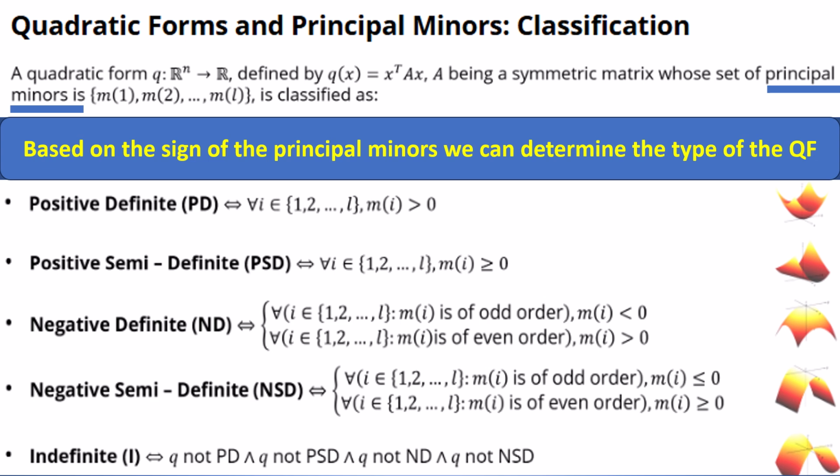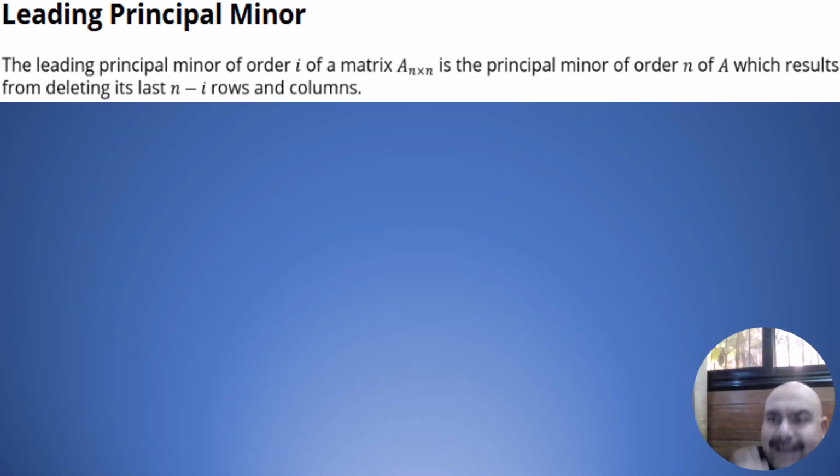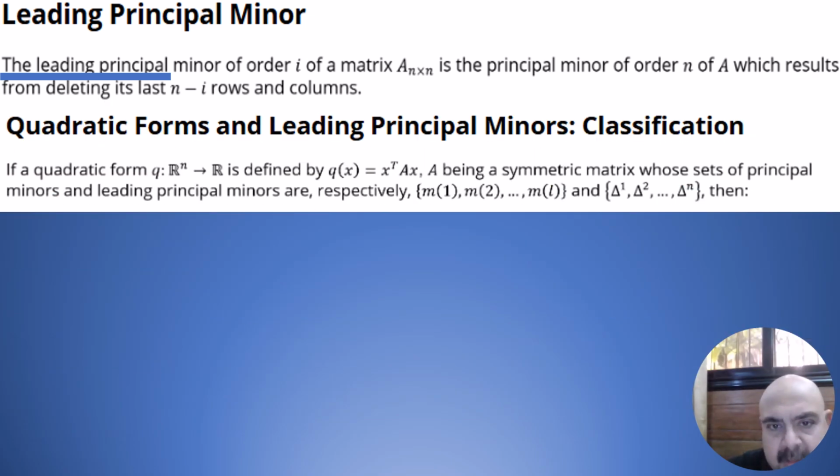It's easier than the principal minors: I rely on the leading principal minors, which you get by eliminating the rows and columns from the bottom of your matrix or your Hessian matrix. But be careful, because with the leading principal minors I may need to check all the principal minors. Once more, in the leading principal minors it is clear, it's going to be simple, it will appear directly.